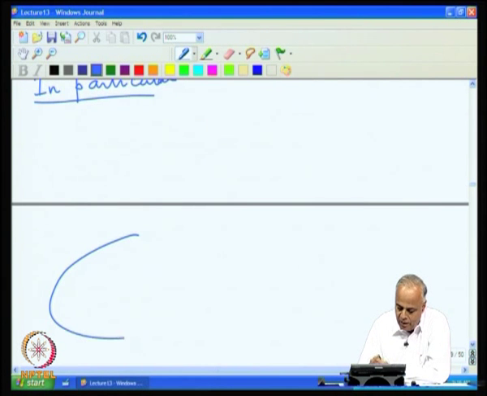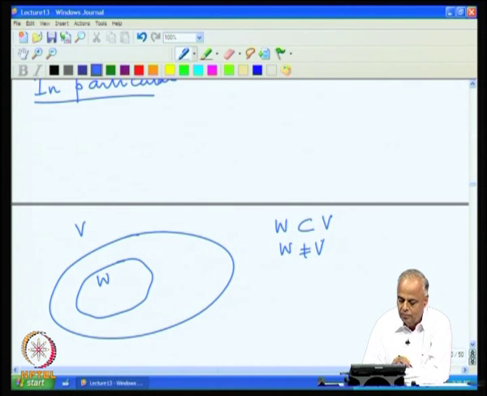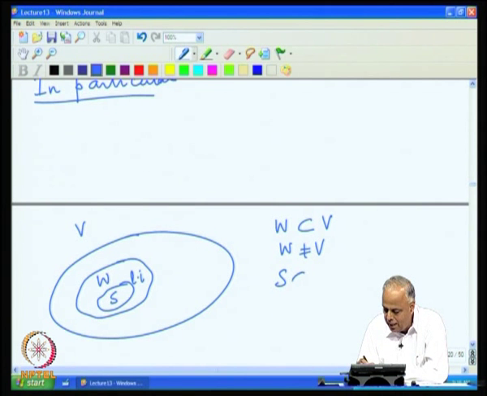So, in particular, suppose we take V and we take a proper subspace W. So, W is contained in V and W is not equal to V, and we take an arbitrary S inside that, linearly independent. So, S contained in W is linearly independent.